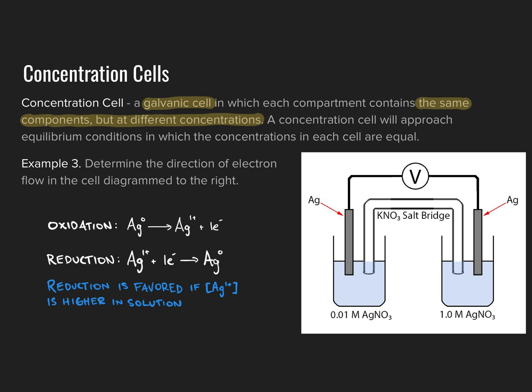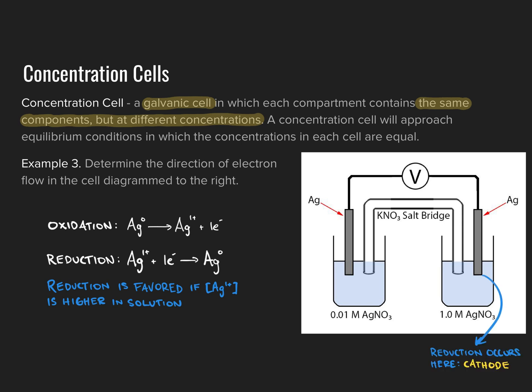If you have a higher concentration of silver ions in solution, they're more likely to pick up those electrons, and therefore we would expect a faster rate of reduction in the cell where there's a higher concentration of silver ions. That looks like the right-hand side.